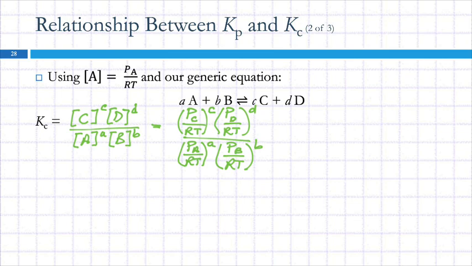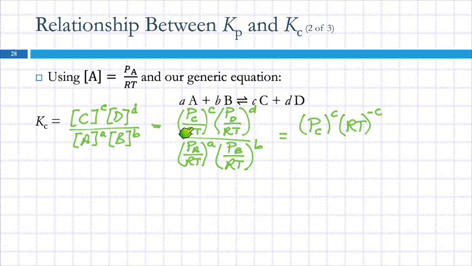Let's try to simplify this. Well, let's try to pull all of those RTs out. So we're going to have PC to the c power times RT to the negative c.